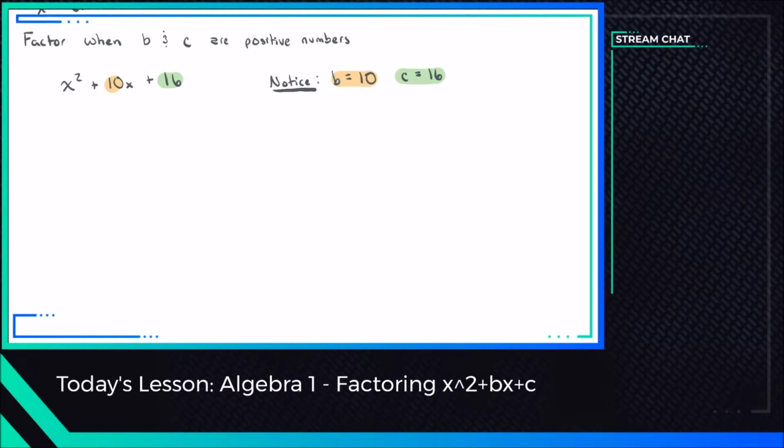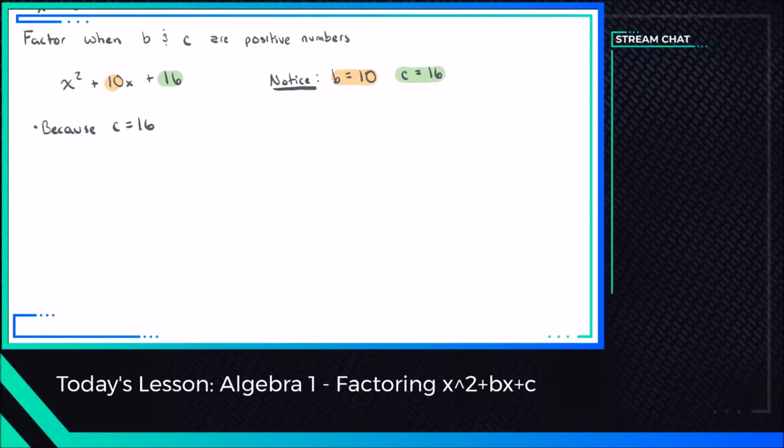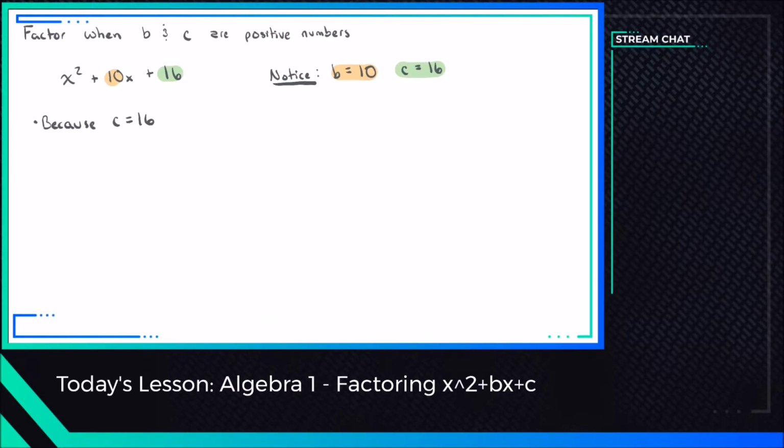Here's what we know. Because c is equal to 16, which is the product of two numbers, and 16 is positive, our factors will have the same sign.